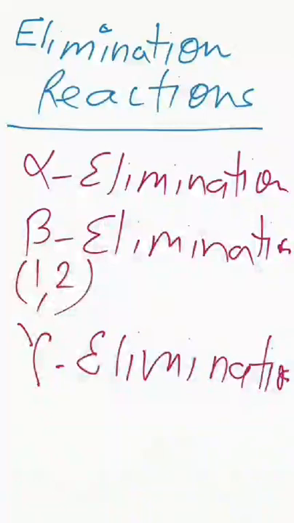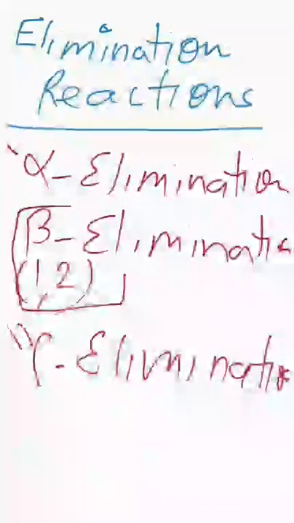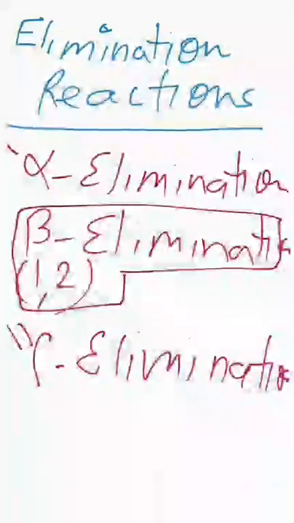So this is also known as 1,3 elimination or gamma elimination, and this will lead to the formation of a cyclic compound. But alpha elimination and gamma elimination are not part of this lecture. In this lecture we are going to discuss beta elimination in detail.